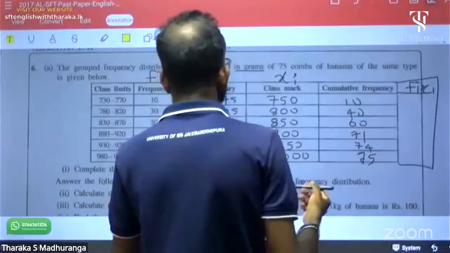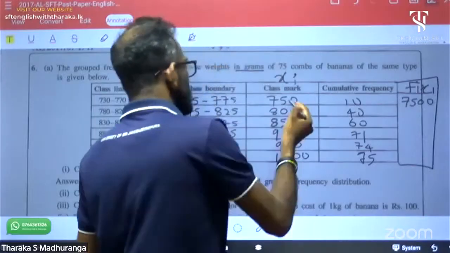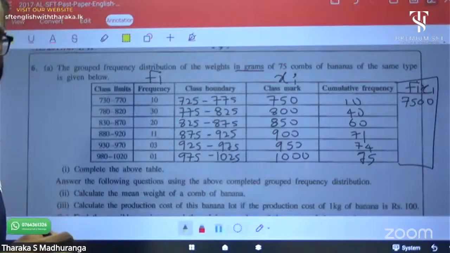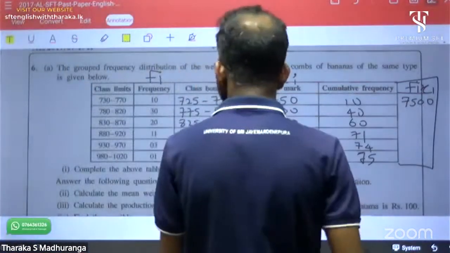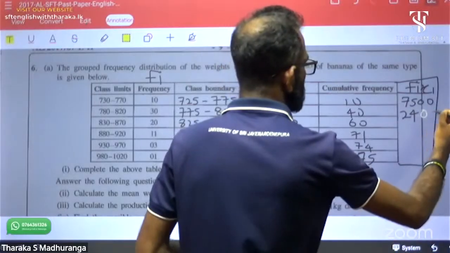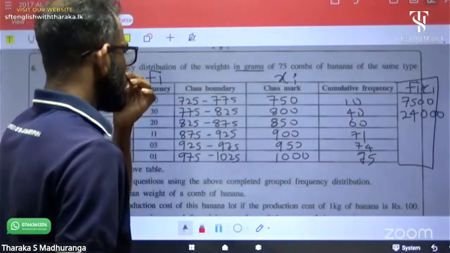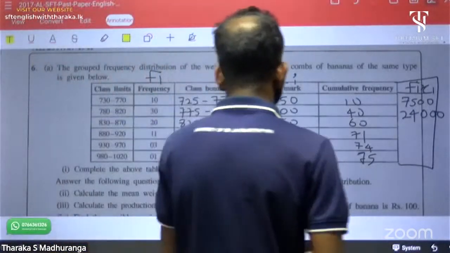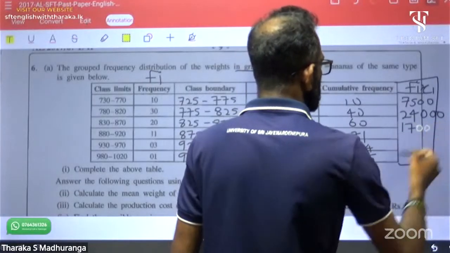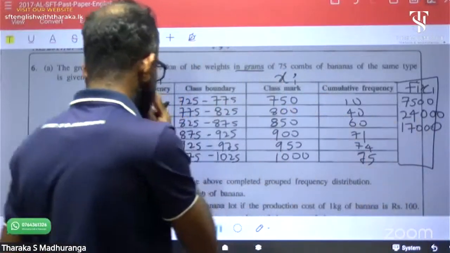Now 750 into 10 is 7,500. 800 into 30 is 24,000. 850 into 2 is 1,700, then 17,000.